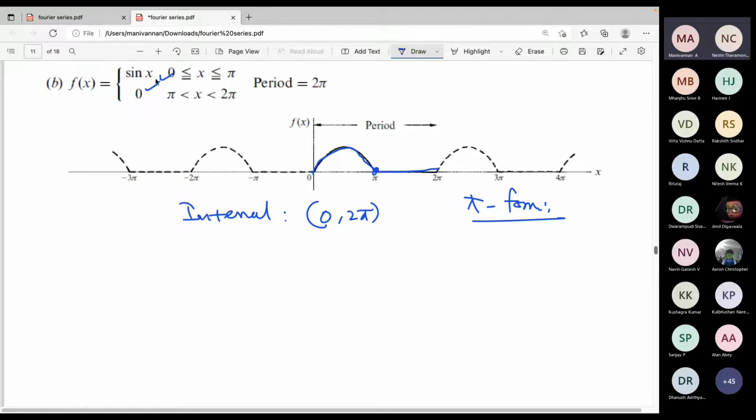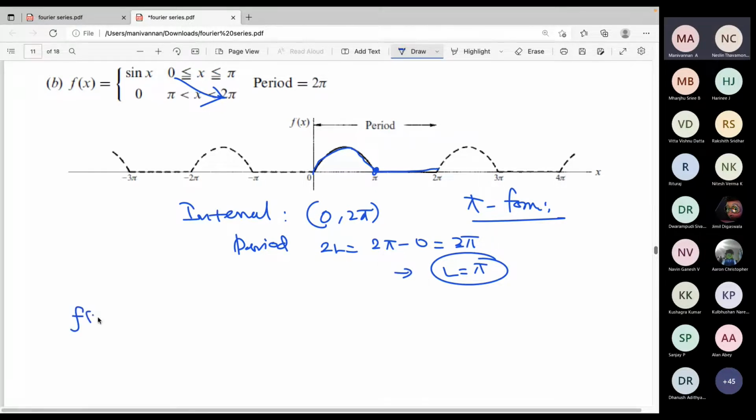Don't consider it as 0, we have to ignore that. By the graph itself, the starting value is 0 to 2 pi only. So period 2l is 2 pi minus 0, which is 2 pi, then l is pi. Period is 2 pi, L is pi. Am I right?